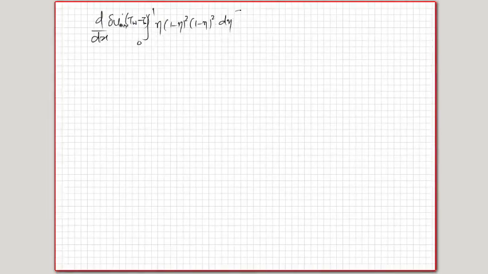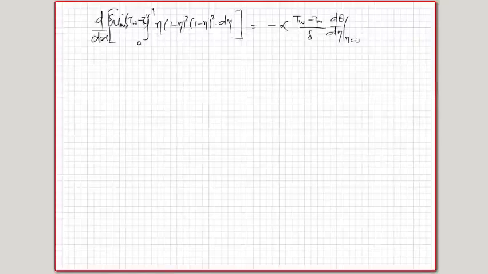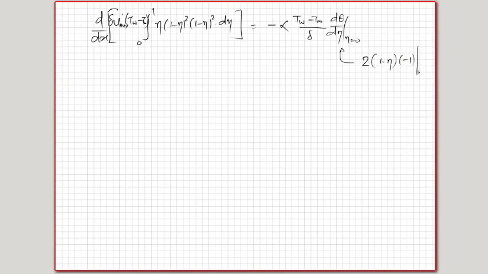So this is the left hand side, and this is equal to minus alpha times del T by del y, which will basically be (T1 minus T infinity) by delta multiplied by d theta by d eta at eta equal to 0. Okay, and this d theta by d eta is the derivative of (1 minus eta) whole square, which will be 2 into (1 minus eta) into minus 1, at eta equal to 0.